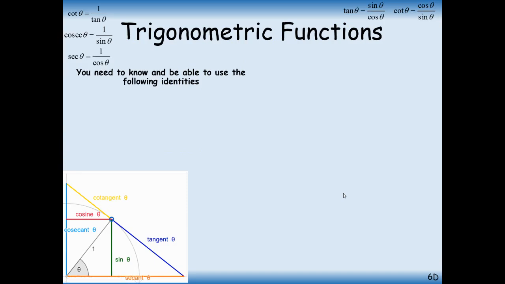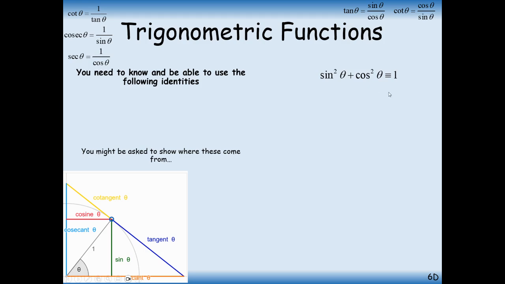So, you should be familiar with our very initial identities that we learned in year 12. They were 1 is equivalent to sine square theta plus cos square theta.